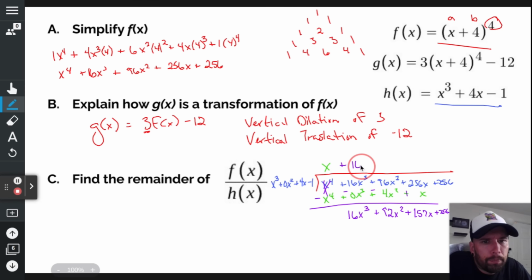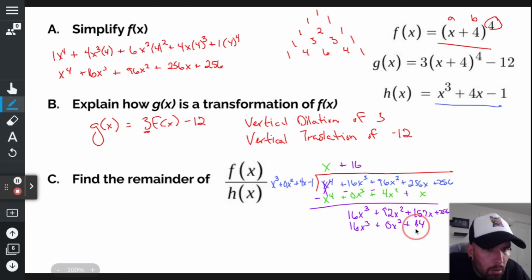Plus 16. So let's multiply 16 to that: 16x to the third plus 0x squared plus 64x minus 16.